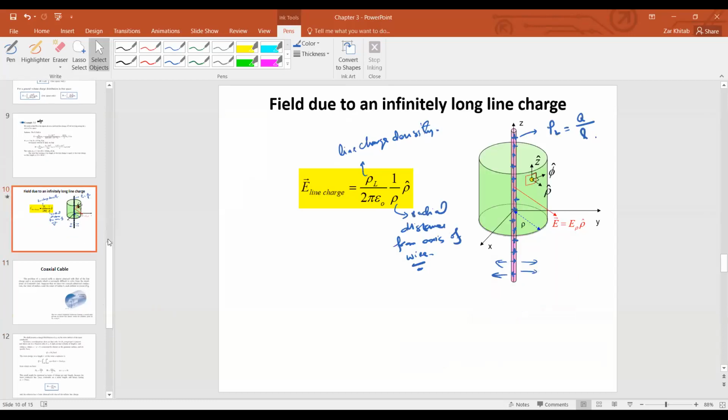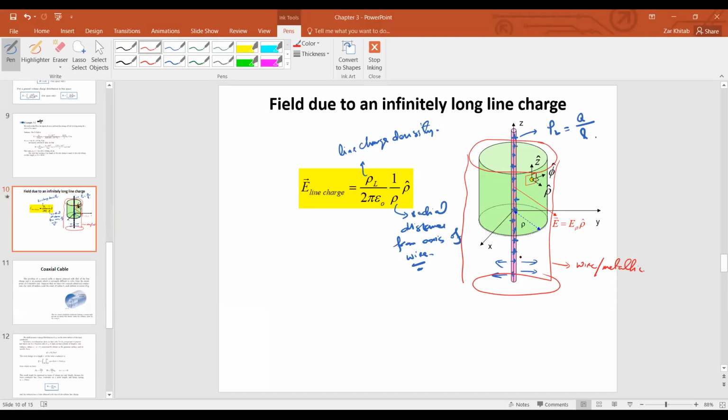Then we said, what if we place another metallic cylinder around this wire? Suppose this one is also a wire or metallic.